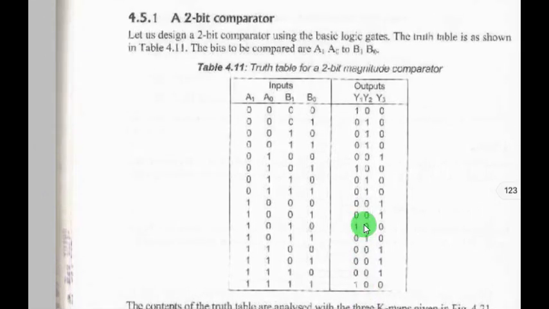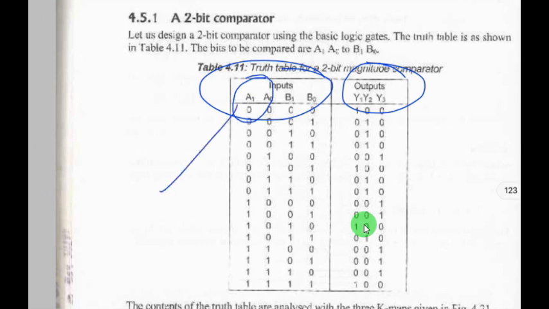The 2-bit comparator has 3 outputs. And how many inputs? 4 inputs. The first 2 inputs represent one series of 2 bits. The other 2 represent the other series that you want to compare with the first series.